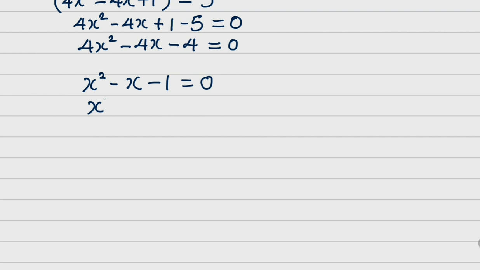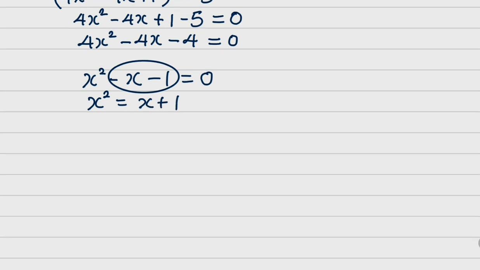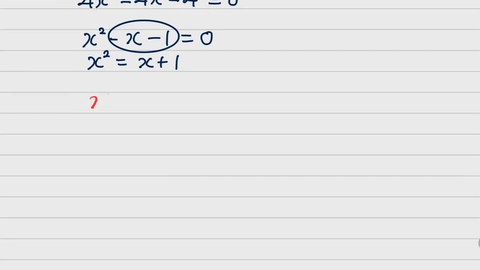Instead, just have x squared is equal to, pick these two to the other side, so that you are going to have x squared is equal to x plus 1. Now this is a very important expression that we're going to be using. x squared is equal to x plus 1. So take note of this. We are going to be using it to simplify our work.